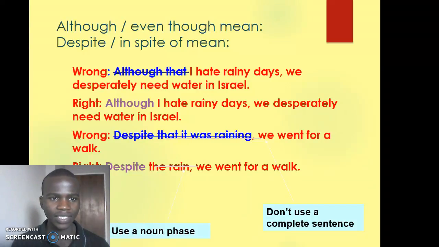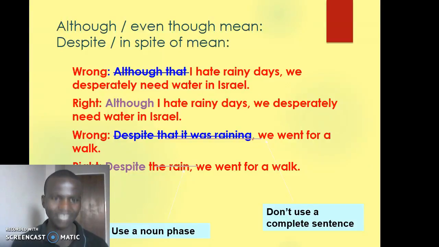Although, even though, despite, in spite of. Guys, when you are given a sentence like this one, you don't have to write the full sentence as it is. You use a noun phrase. How? Okay. Although that I hate rainy days, we desperately need water in Israel.